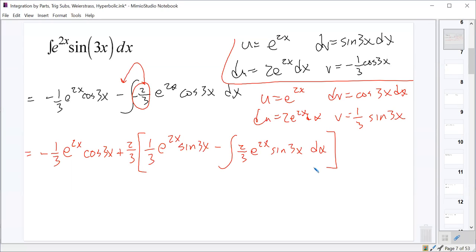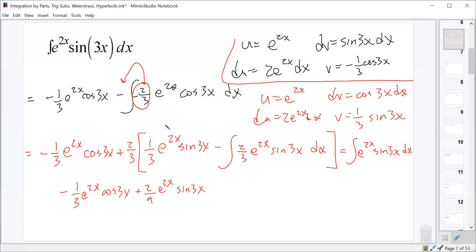Good. And we'll note that we've got, again, an e to the 2x sine 3x, which is what we started with. And so as soon as we get back to what we started with, we're going to want to say this is equal to our original integral, the integral of e to the 2x sine 3x dx, and then solve for that integral. So what do we have here? We've got negative 1/3 e to the 2x cosine 3x plus 2/9 e to the 2x sine 3x.